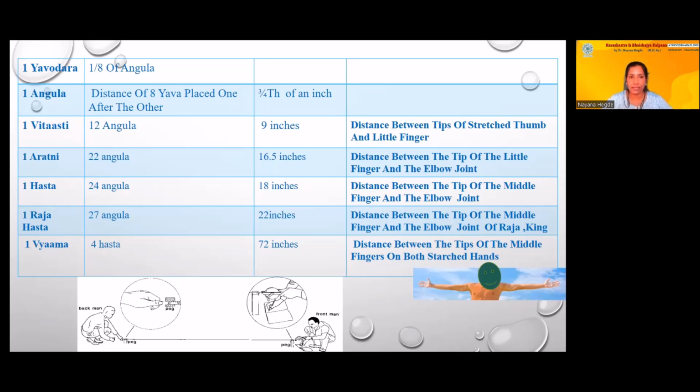Next is one Hasta, 24 angula, 18 inches. One Rajahasta, 27 angula, 22 inches. Next is one Vyama, equal to 4 hasta, 72 inches, the distance between the tips of the middle fingers of both stretched hands.